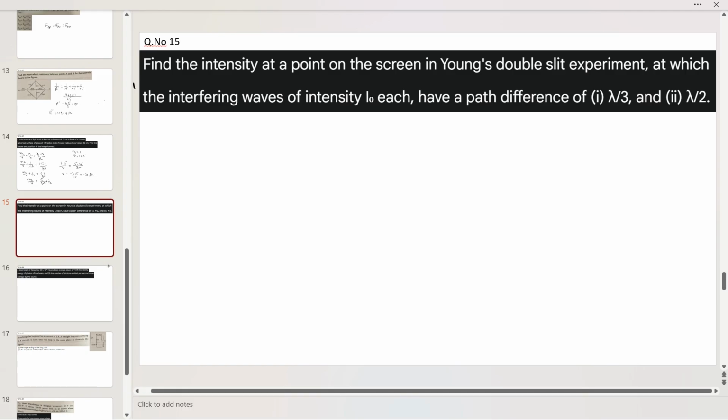Your next question is: find the intensity at a point on the screen in Young's double slit experiment at which the interfering waves, each of intensity I naught, have a given path difference.